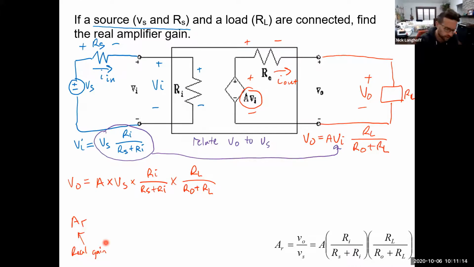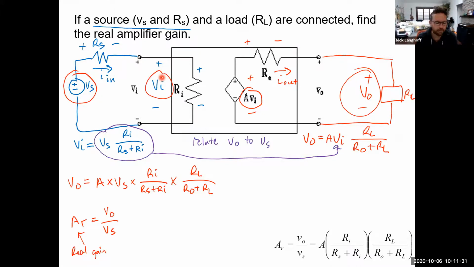The actual gain of the system is defined as the final output voltage V out divided by the initial input signal VS, not divided by VI, right? VI is already going to be a little bit less than VS. So it's the ratio from the final output voltage to the input signal VS.